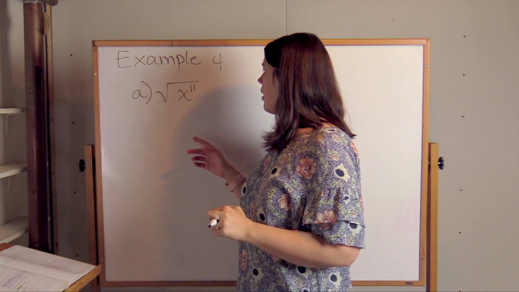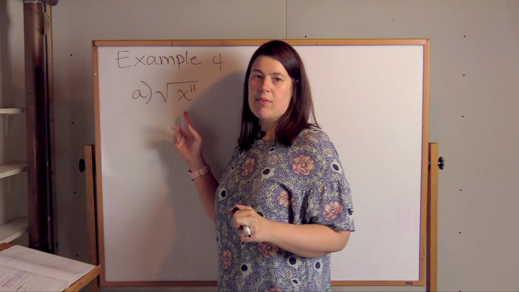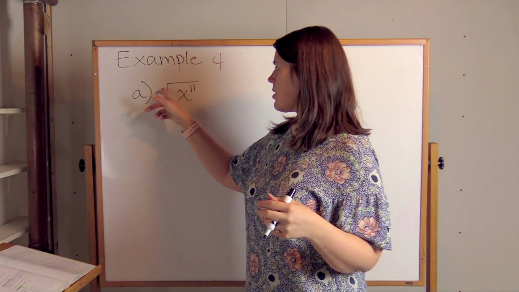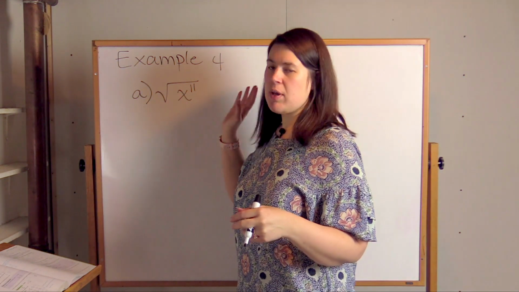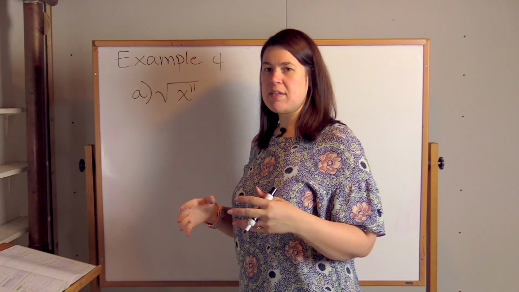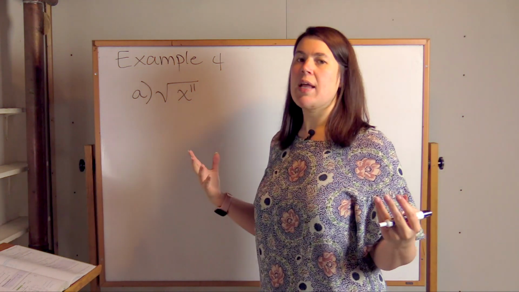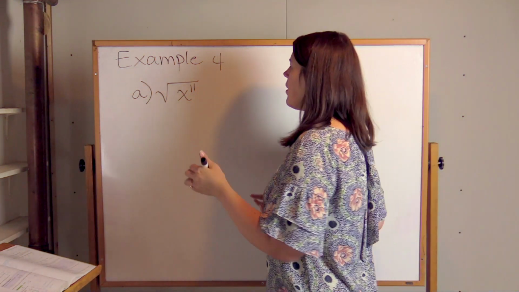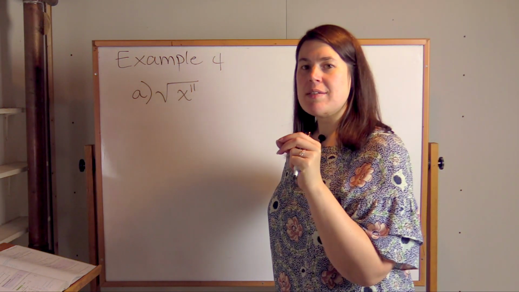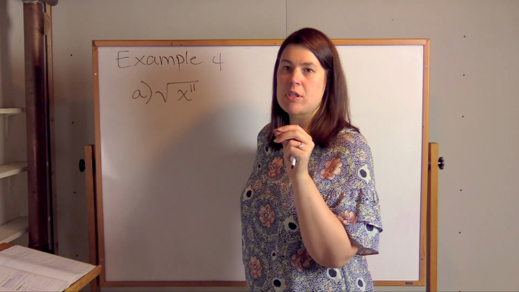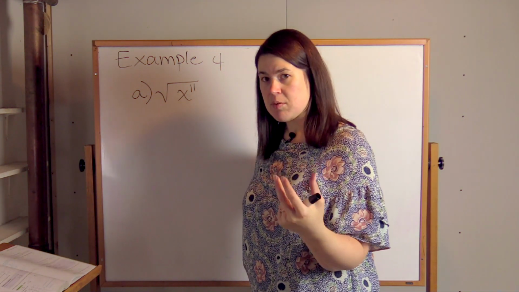Remember that the exponent of a variable, when it's multiplied by something, is based on addition. So I'm going to change this exponent into something I can actually use to take the square root of.